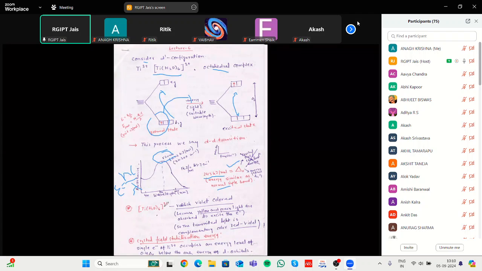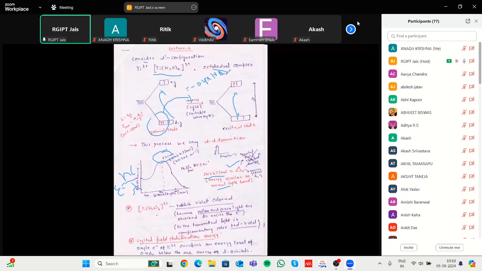After that, its energy is CFSE equal to minus 0.4 into 1 into delta O. This is the total energy, CFSE.